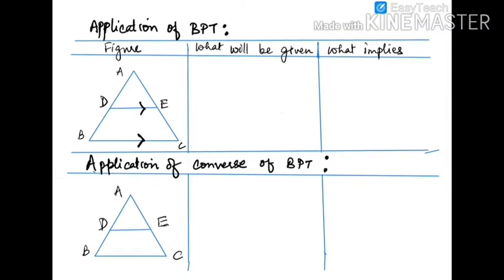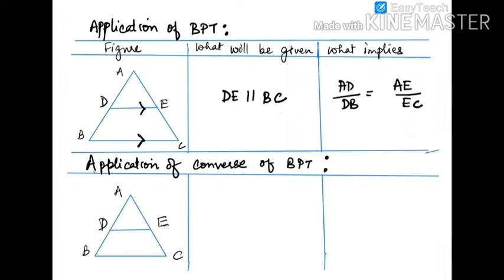In order to apply these theorems in questions, we need to understand what will be given in the question and what will imply. So, if it is given in the question that in a triangle DE is parallel to BC, then we can imply that AD upon DB is equal to AE upon EC.